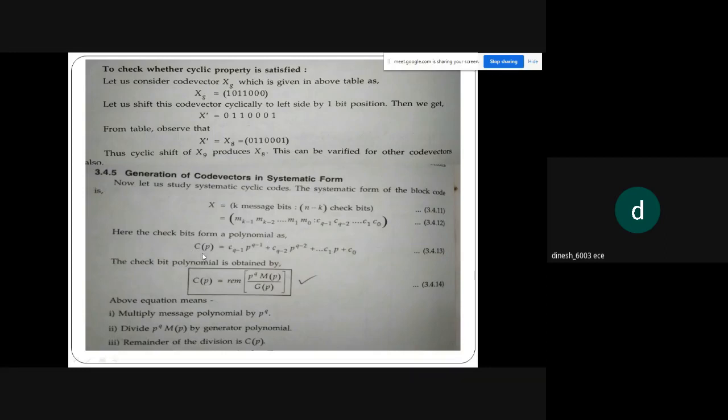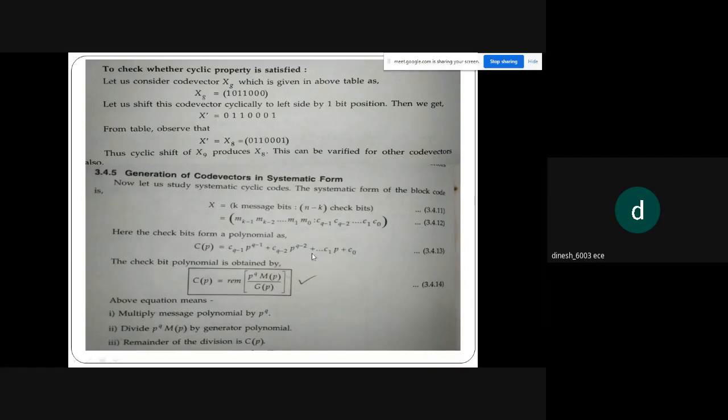So I can write the check bits as C(p) = c_{q-1} p^{q-1} + c_{q-2} p^{q-2} + c_{q-3} p^{q-3} till c_1 p + c_0, as in equation 3.4.13.